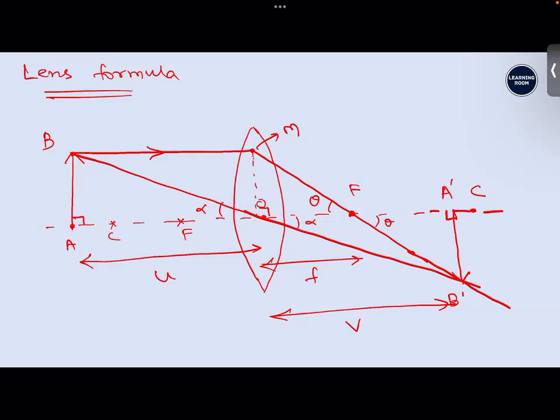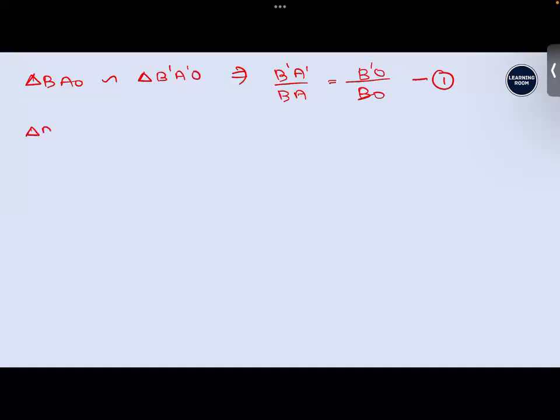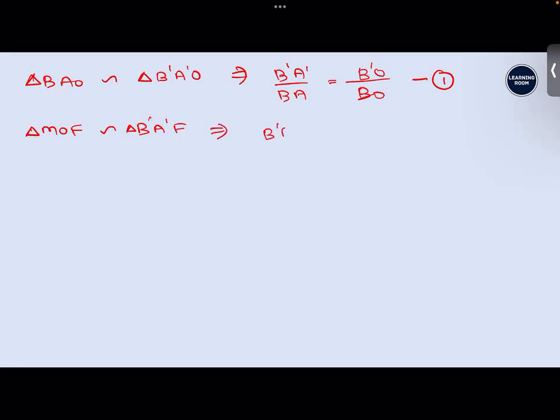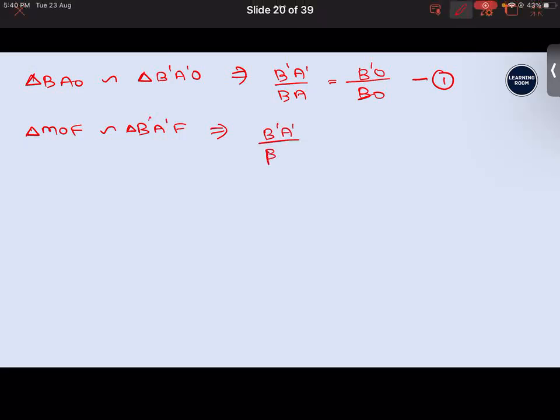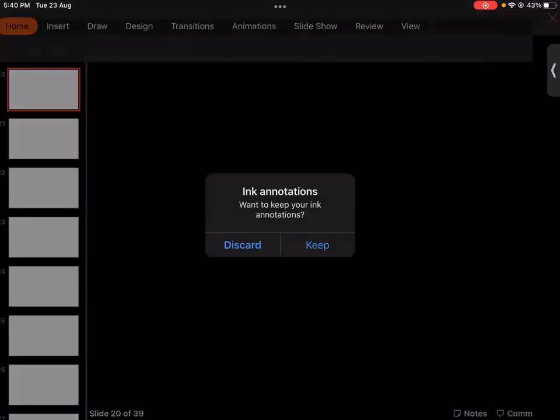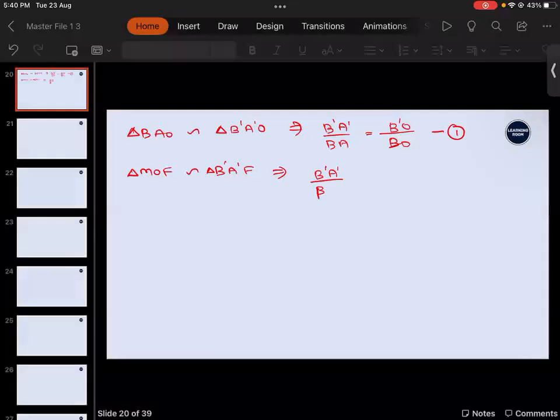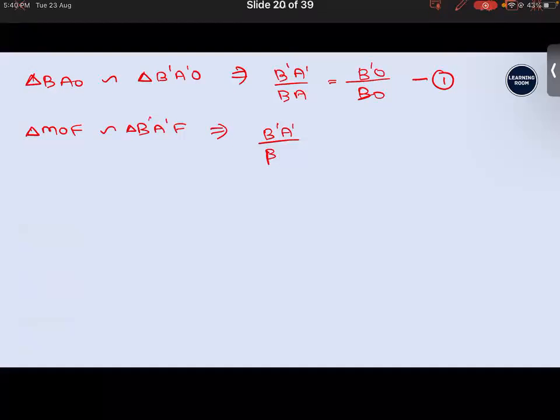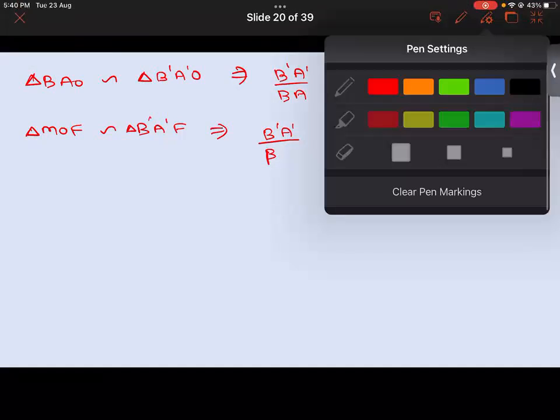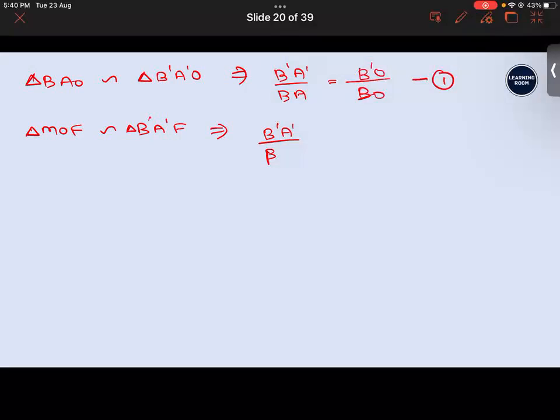Triangle MOF is similar to triangle B dash A dash F, which implies B dash A dash divided by MO will be equal to A dash F divided by OF. Let this be equation number 2.